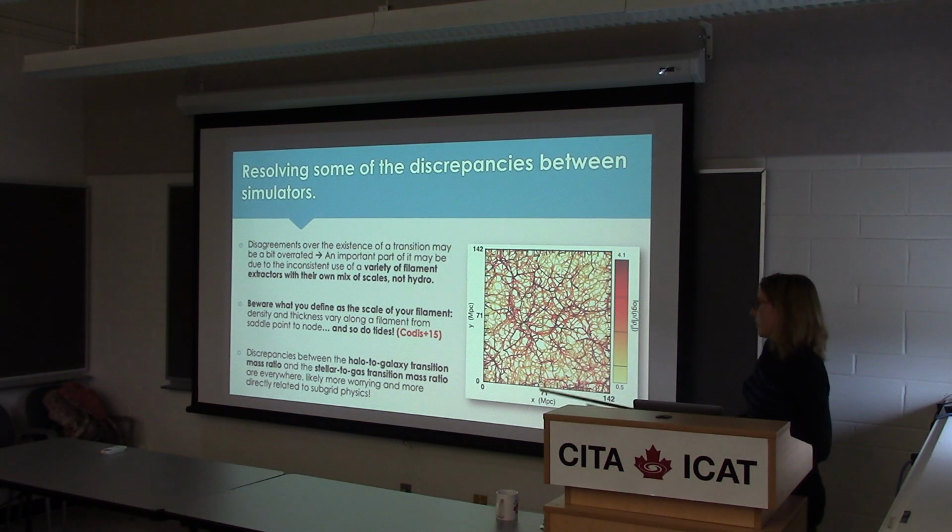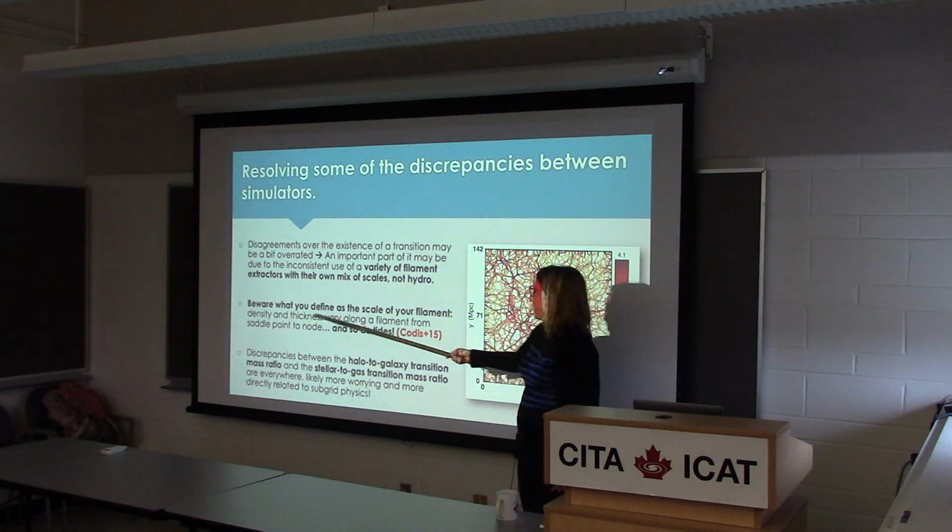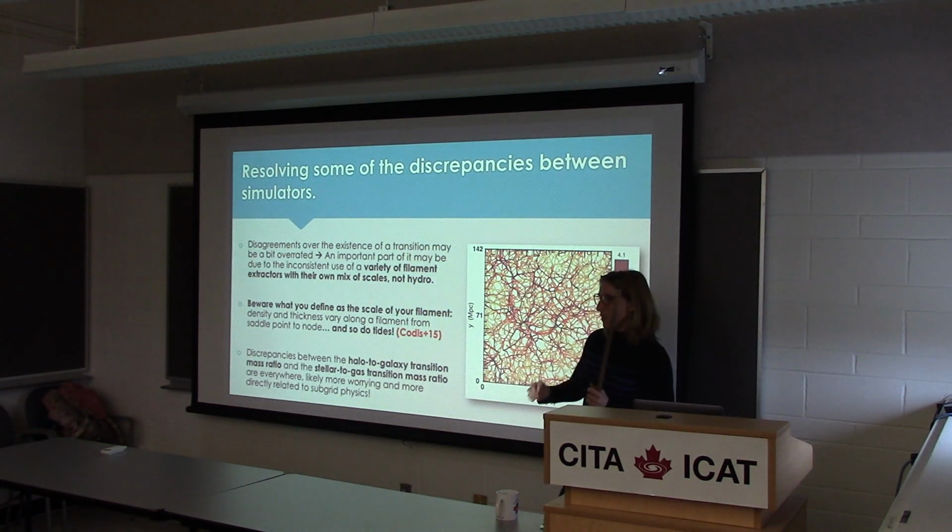And as I was mentioning earlier, beware of what you define as the scale of your filament. You can do scale analysis, but the temptation would be to use density or thickness only to define whether you're in small-scale or large-scale filaments. Actually, those two quantities vary along the filament from saddle point to node quite a lot, in similar amounts to variation across different scales.